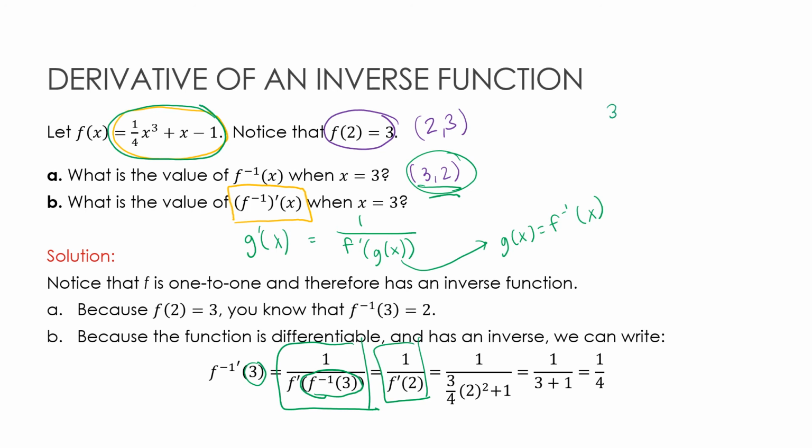So the derivative is 3x squared plus 1. That's f prime of x. And so all I'm going to do now is take f prime of x and plug in 2, so 2 coming from back to where I started. And that's pretty straightforward. 1 over 3 times 4 plus 1, that is 1 over 13. So instead of having to take the inverse of a function that would be really hard to take the inverse of, I'm able to work through it with this method instead.